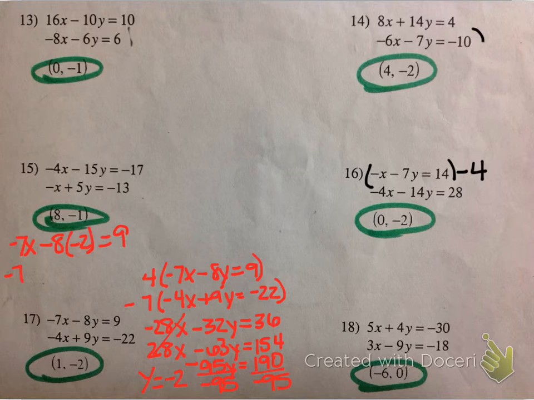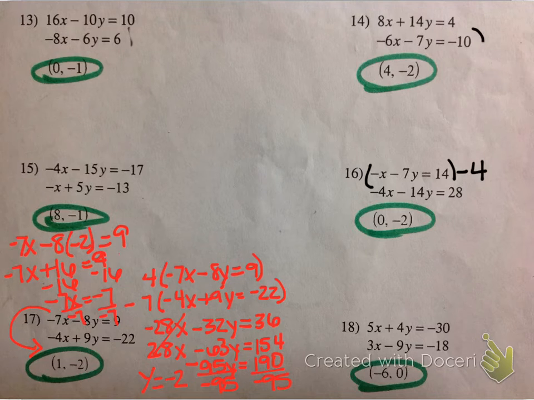So then we're going to plug in that -2 here. Negative 7x plus 16 equals 9. Minus 16, negative 7x equals -7. And you can see here when you divide by -7, then you're going to get 1.